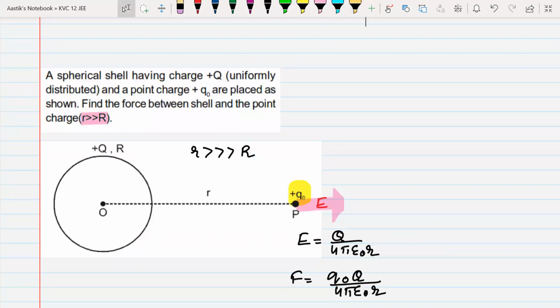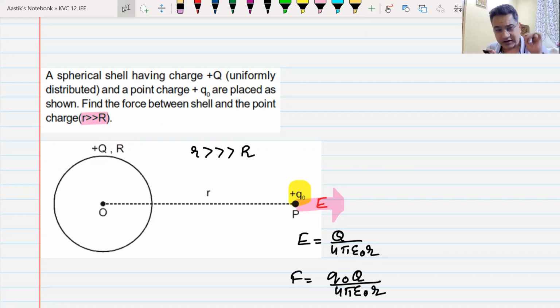Then that was the next question. We were given a spherical shell and we were given a point charge. You had to find the electric force exerted by the point charge on the shell. The concept was very simple: action-reaction forces. Whatever force this shell is going to create on that charge, the same is the force the charge will create on the shell.